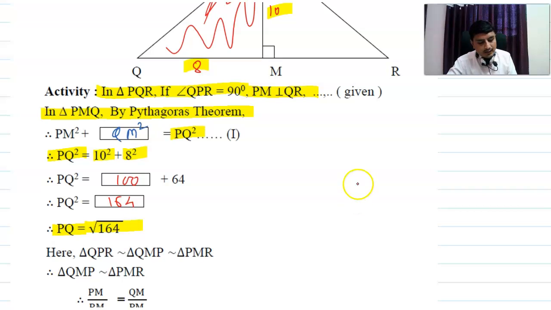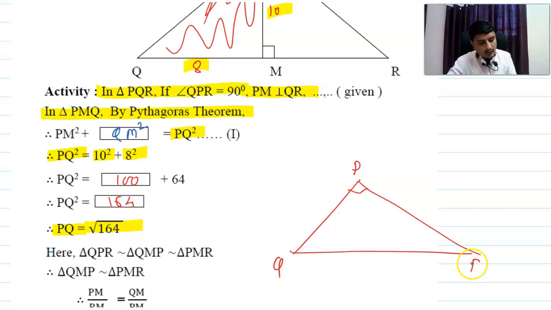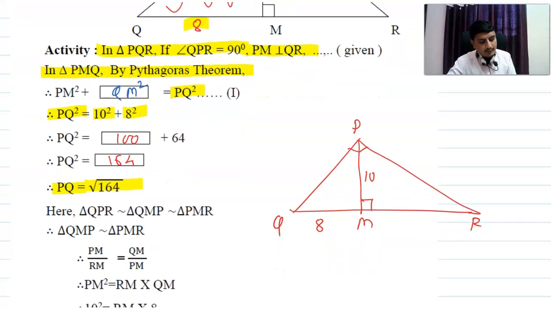Now there are three triangles. Look at the given triangle carefully. We have triangle PQR, in it QPR is 90 degrees, and PM is the perpendicular on QR. QM value is 8, PM value is 10.